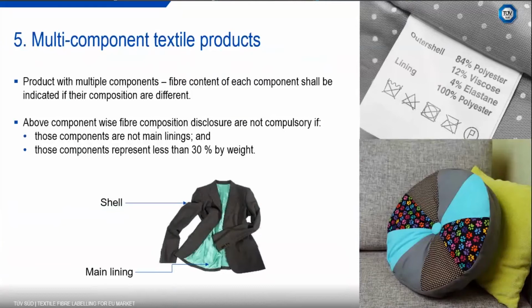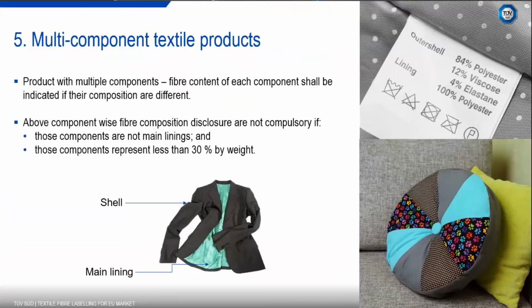So in this case, each component should be disclosed separately for fiber composition. But this sectional disclosure is not compulsory if it is not a main lining or if the component is present at less than 30% by weight, which means if it is a main lining, then it is compulsory to disclose it separately.